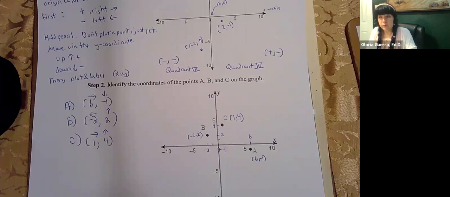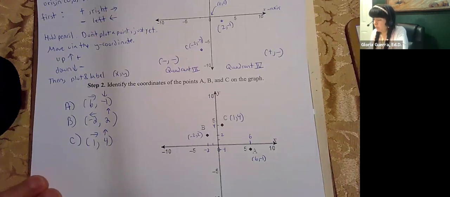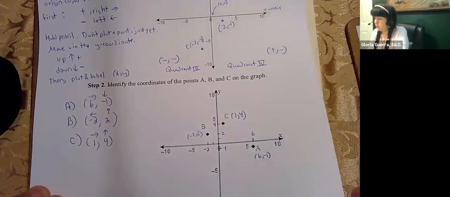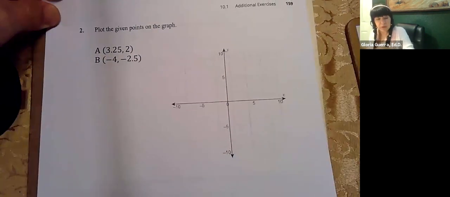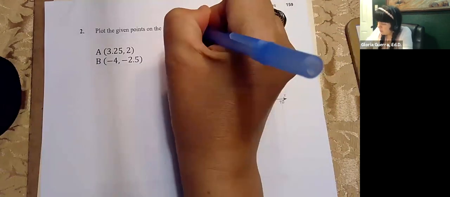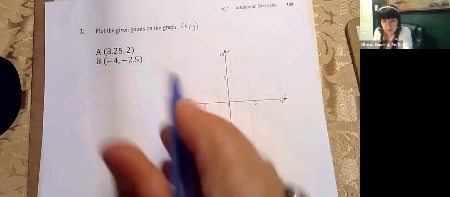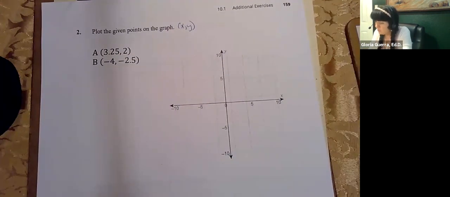Okay, and then if we look at number 2, or actually, let's see, page 159. Plot the given points on the graph. Remember these are X, Y, alphabetical order. X is, it's an estimate, 3 and 2500ths, 2.